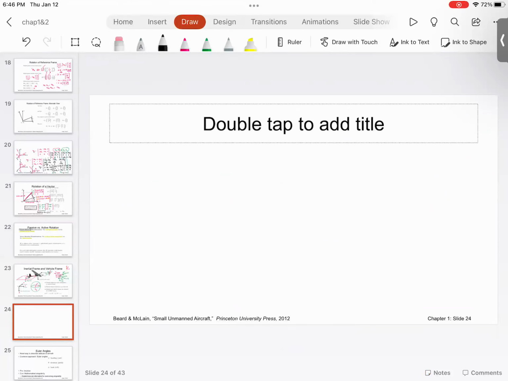So imagine, let me give you a nicer picture. Earth-centered, Earth-fixed frame. So this is north, this is east, this is down. North, east, down. This is fixed.